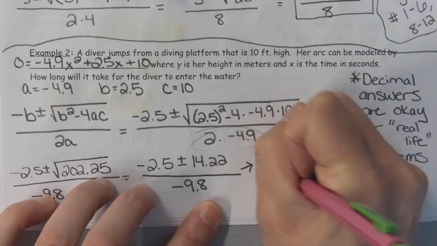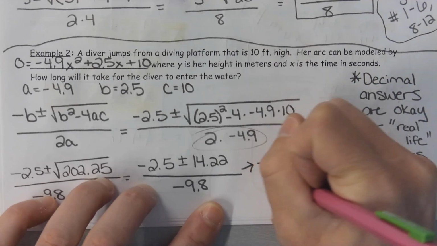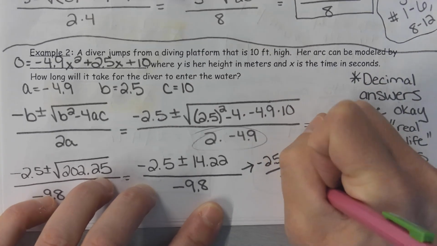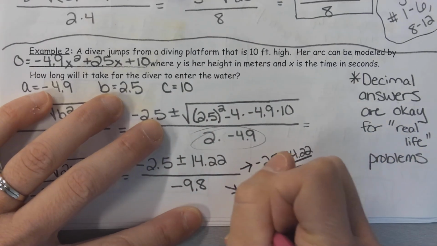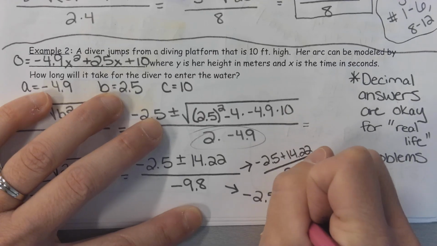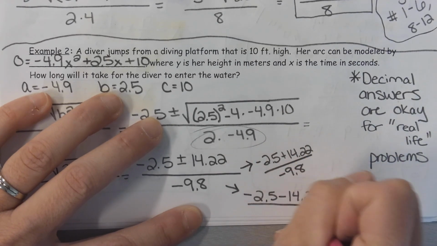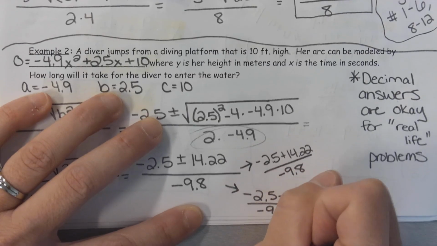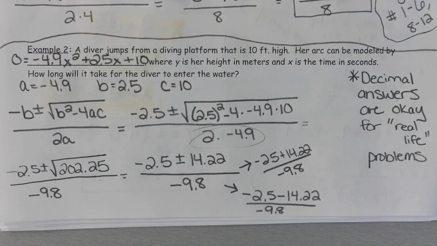Okay, we have 2 problems here. We have negative 2.5 plus 14.22 divided by negative 9.8. We also have, hold on, I hear some people getting negative stuff. Don't worry yet. Yes, correct. So you're going to get 2 answers, but we're only going to accept the positive one.